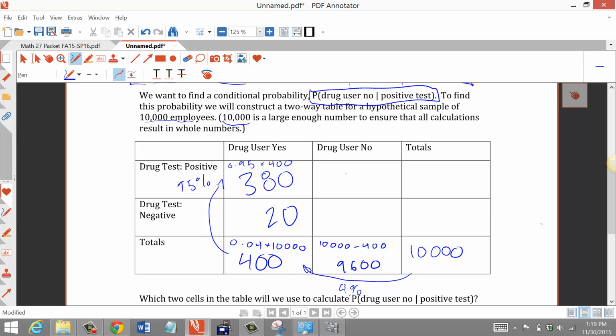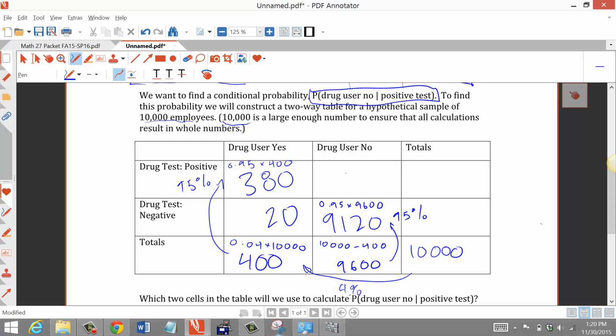Okay? Now, these are the non-drug users, so really 95% of them are going to test negative. So we're going to do, again, just like we did before, 0.95 times 9600. We're going to get 9120.